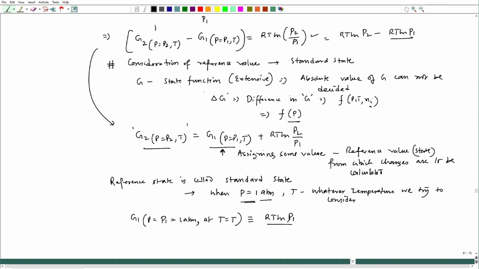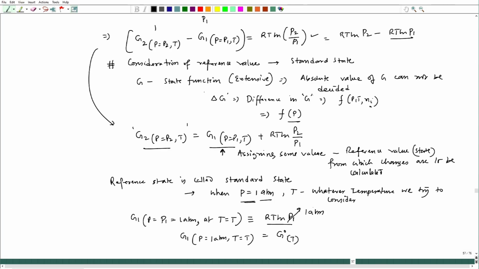Now, if P1 becomes 1 atmosphere, then I can take P equal to 1 atmosphere, T equal to T, or I can say G naught at T. So, that we consider as standard value, fine.